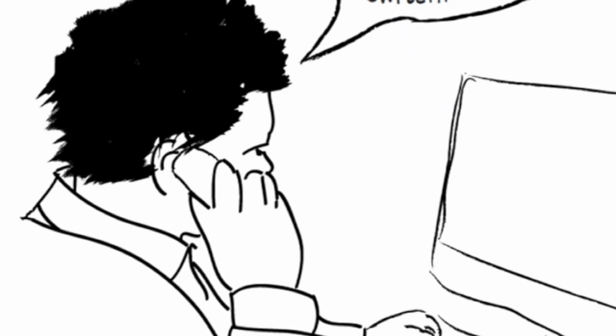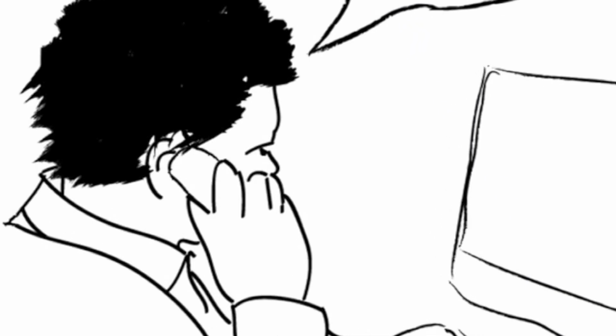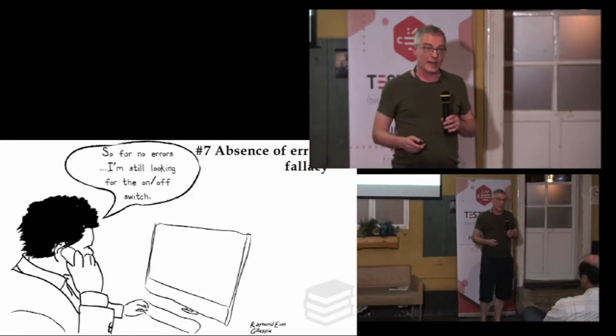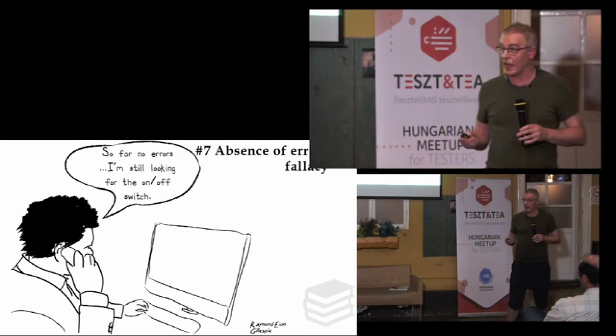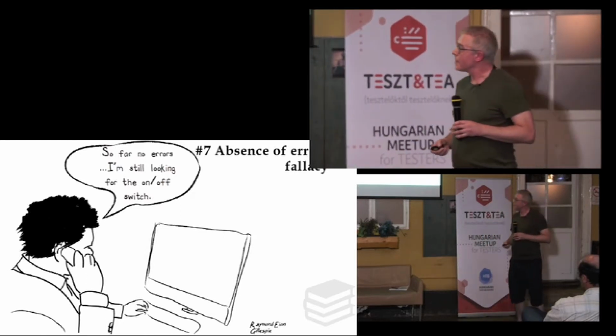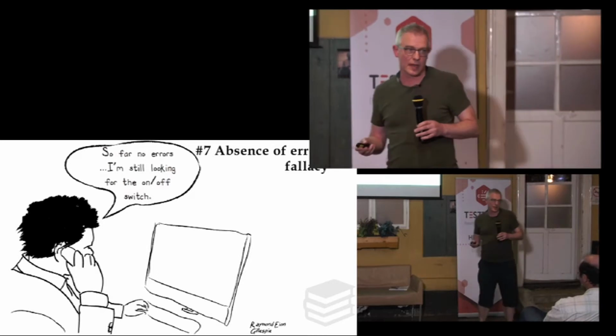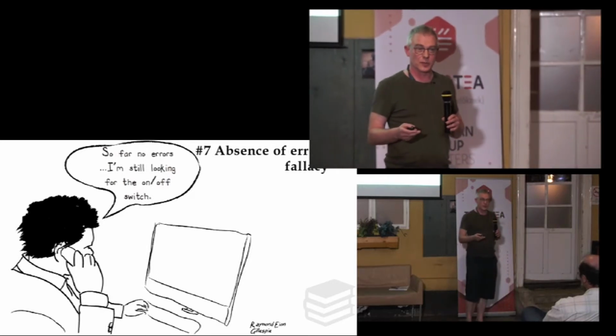Can this be applied to user documentation? Yes, it can. I have heard of situations where the customers aren't raising any complaints about a document because they couldn't find the document. I've heard of situations where the customers aren't raising complaints about the document because they didn't know that the document existed.